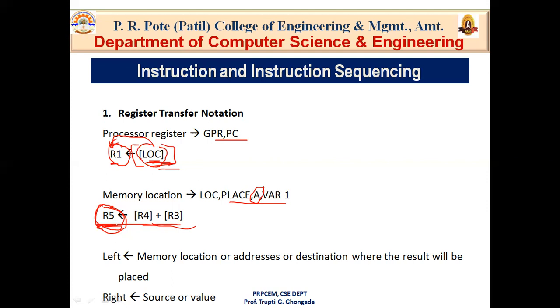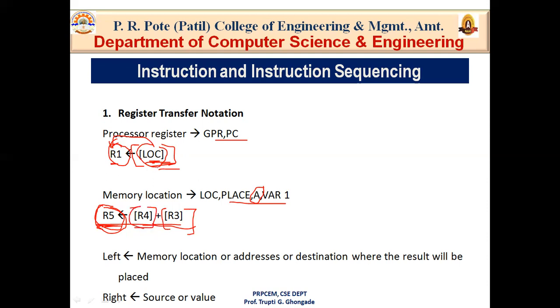So in register transfer notation, the source is always written on the right side and the destination on the left side. When we are fetching the contents of a memory location or register, we enclose them in square brackets.